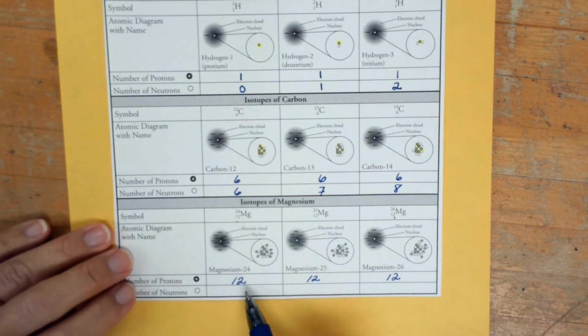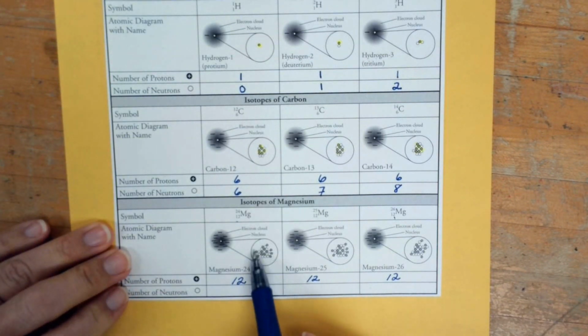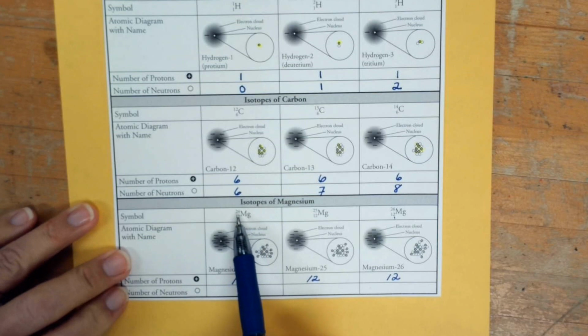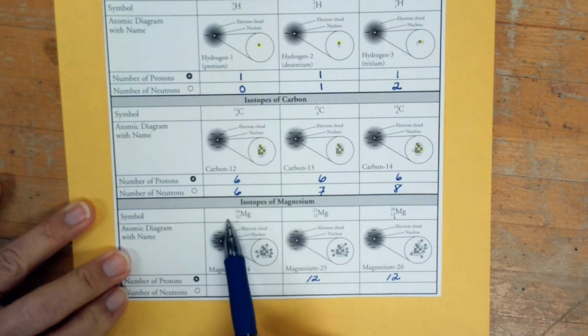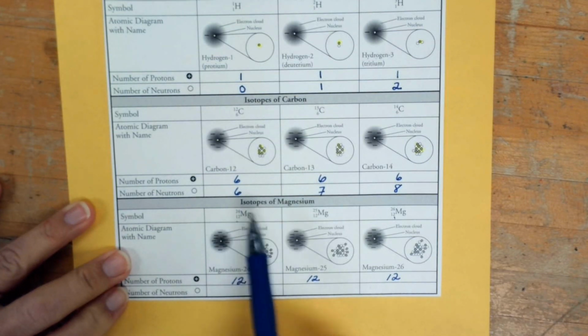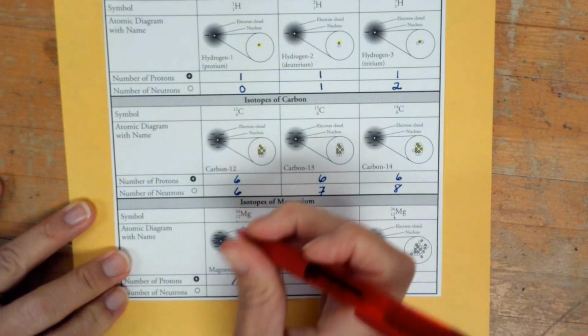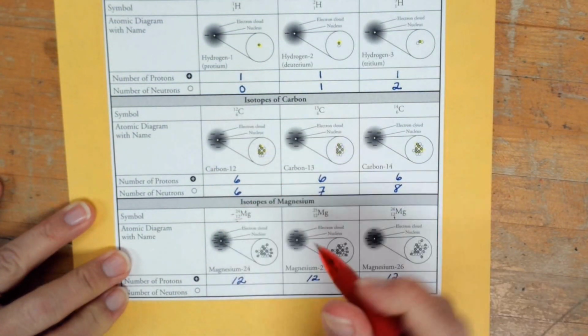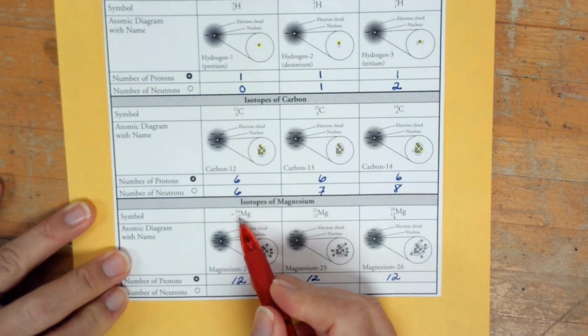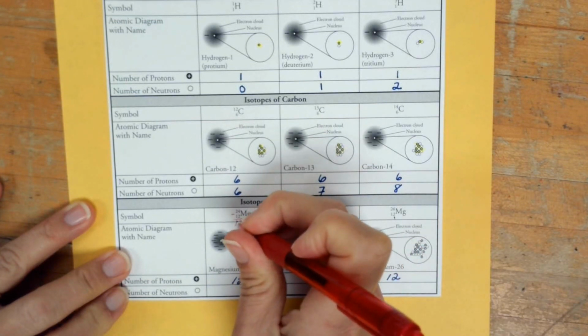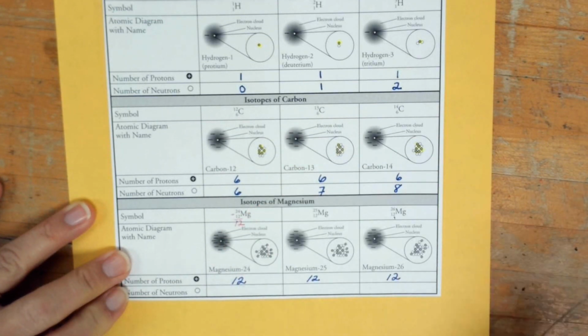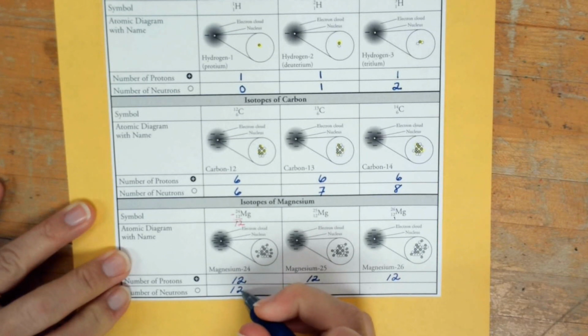Now let's check out the number of neutrons. Again, those are too small for me to count all those. So what I'm going to do is use the nuclear symbol as a little subtraction problem to tell me my number of neutrons. 24 minus 12 is 12. So that means I have 12 neutrons.